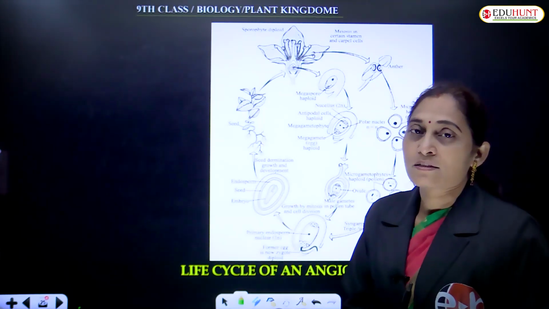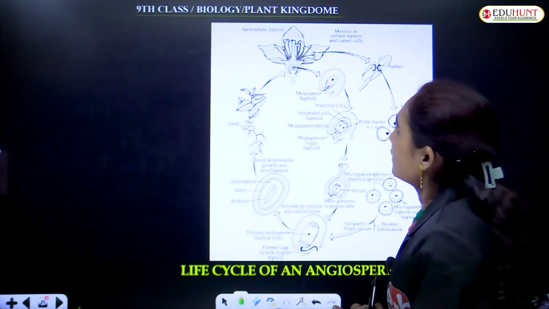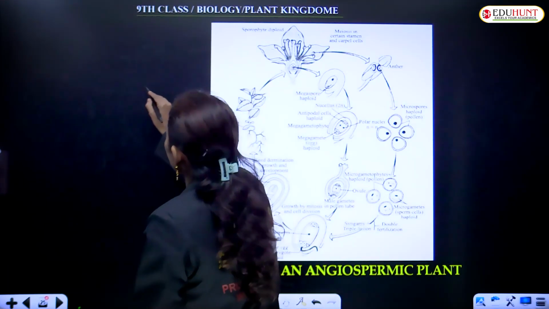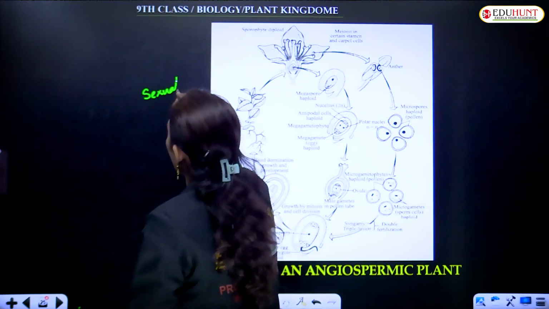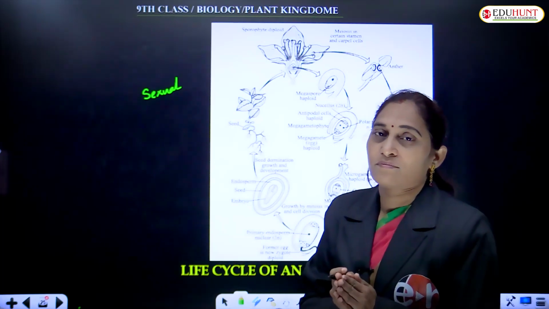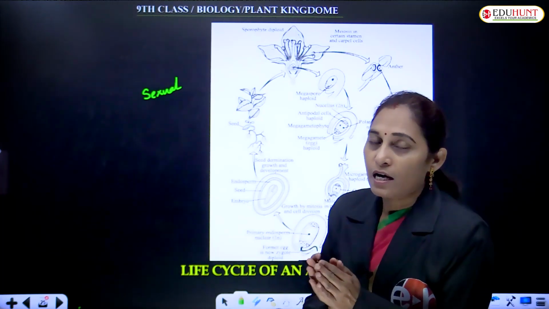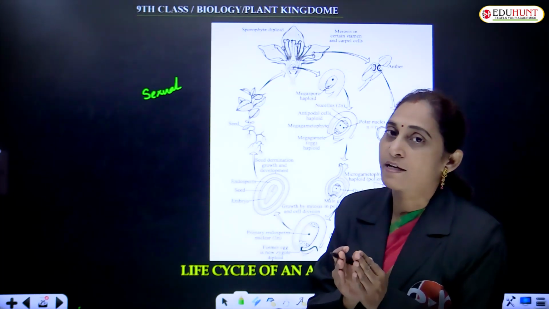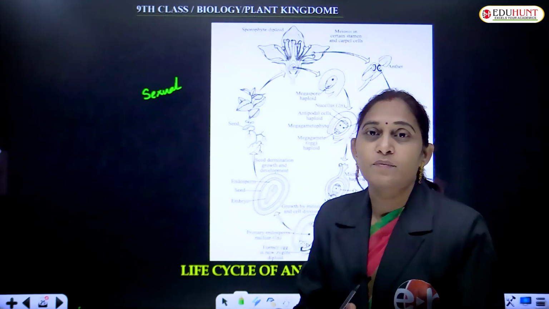If we start with a flower, the flower is the sexual reproductive part. Sexual reproduction occurs in plants, especially in angiosperms, through flowers only.